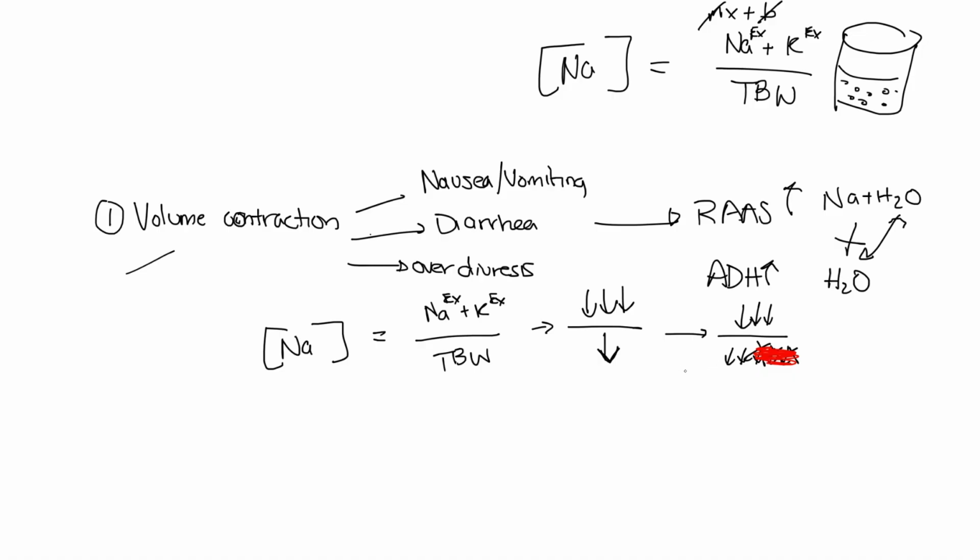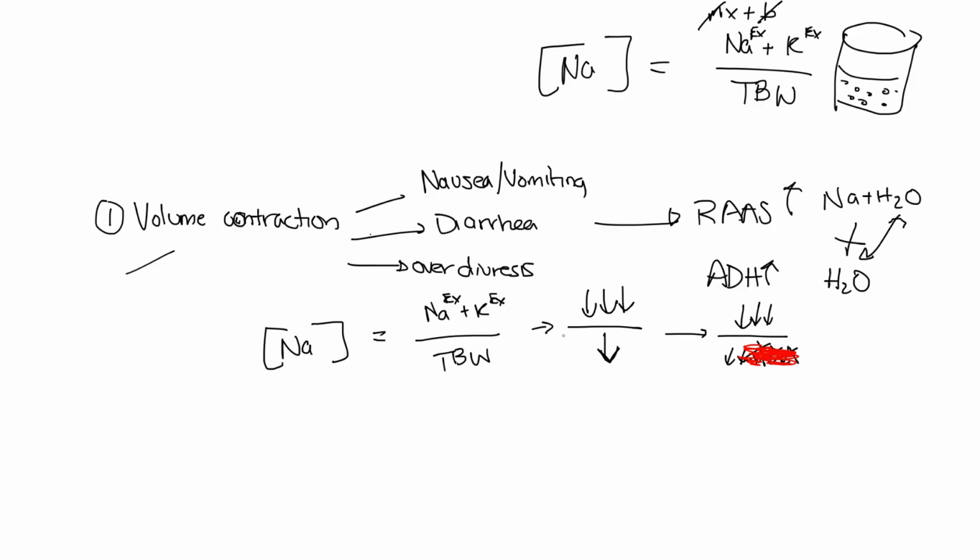And your body's in a state of trying to retain as much water as possible. And so you eventually get to a state where you are still losing more salt than you are losing water, and you get hyponatremic. So that's the volume contracted state.